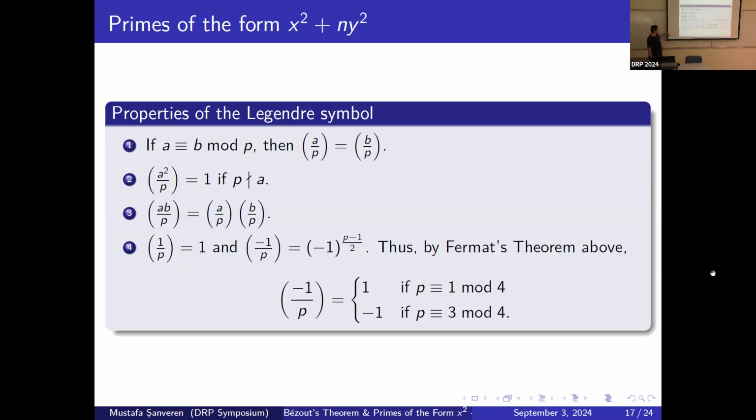And 1 at p is equal to 1, and minus 1 at p is equal to this number. By using Fermat's theorem, we have these cases. Negative 1 at p is equal to 1 if p is equivalent to 1 mod 4, or minus 1 if p is equivalent to 3 mod 4.